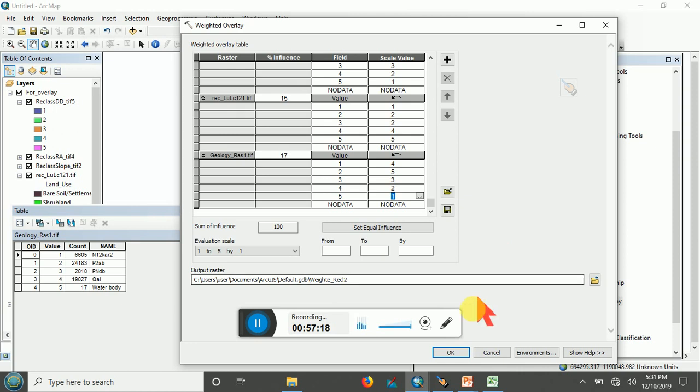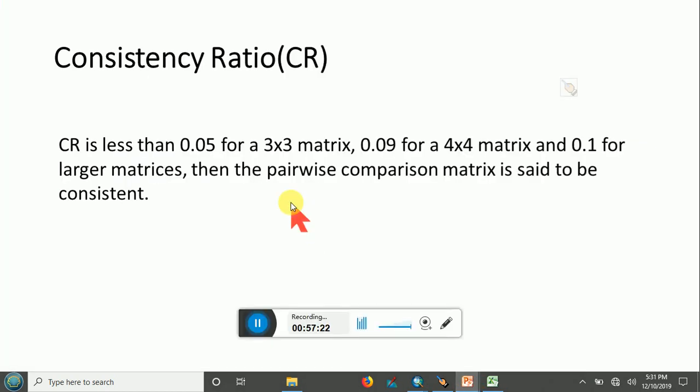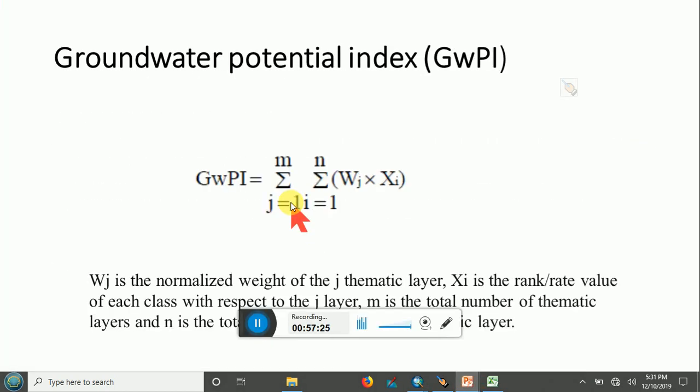So finally, the results that we will get will have values calculated using this formula. The groundwater potential index, or groundwater potential zone, can be calculated using this arithmetic equation. In that case, Wj is the weight for the thematic layer, and xi is the rank that we give on the scale.